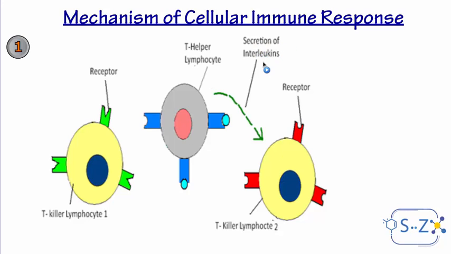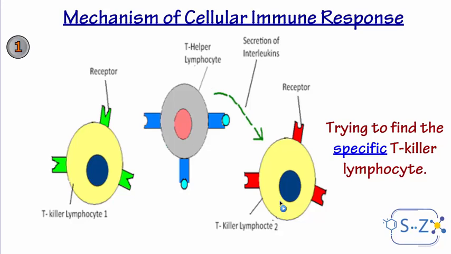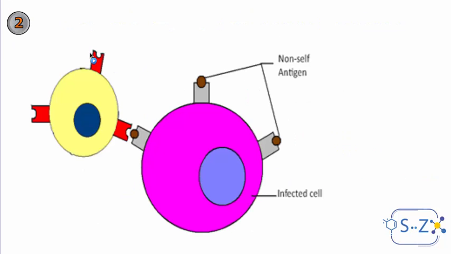It secretes certain chemicals called interleukins and activates the specific T killer lymphocyte. So it will not activate T killer lymphocyte 1, it will activate T killer lymphocyte 2 due to the shape of the antigen. Second step, when the specific T killer lymphocyte is activated, it goes to the infected cell.